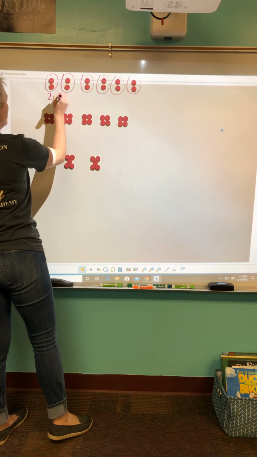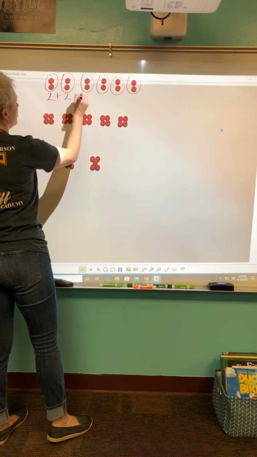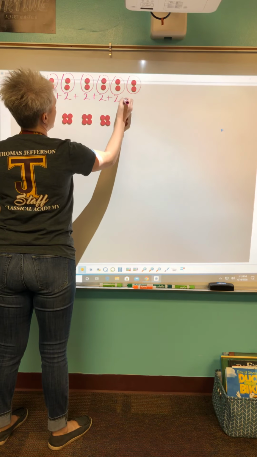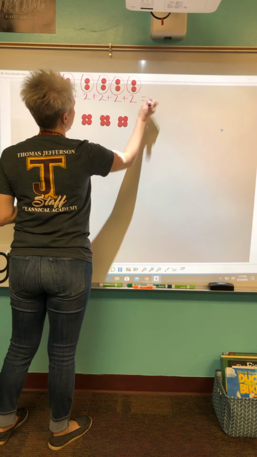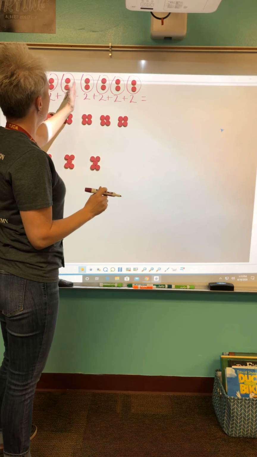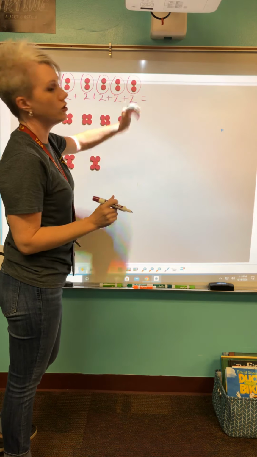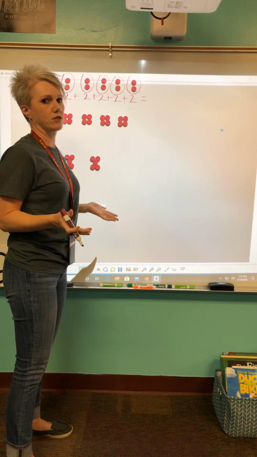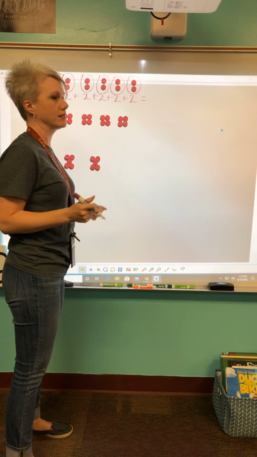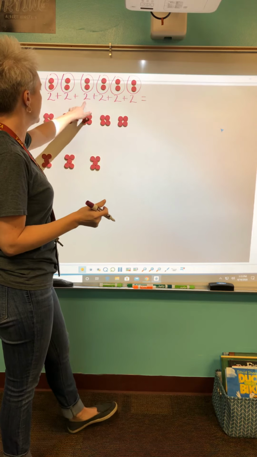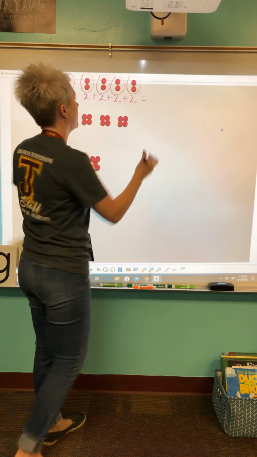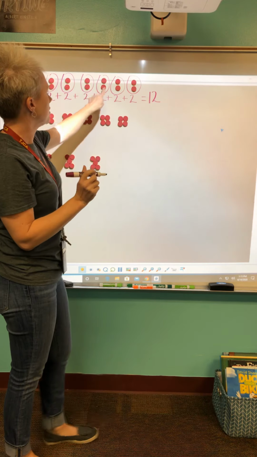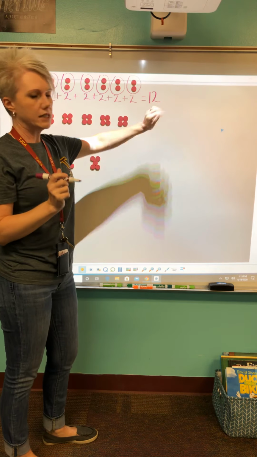So 2 plus 2 plus 2 plus 2 plus 2 plus 2 equals, now in first grade, we can count by 2's, okay? So that's the quickest, fastest way to get this answer. 2, 4, 6, 8, 10, 12. 2 plus 2 plus 2 plus 2 plus 2 plus 2 is 12.